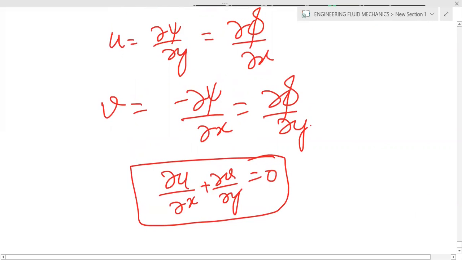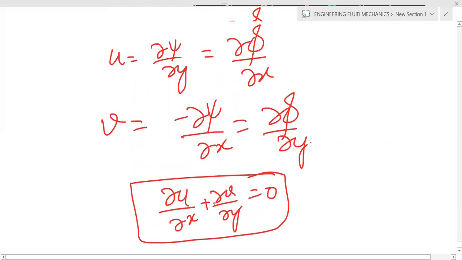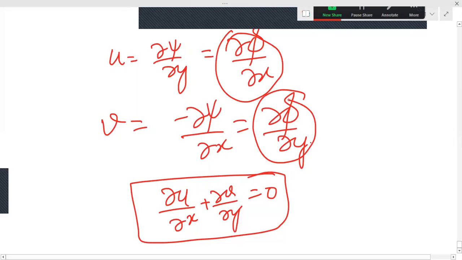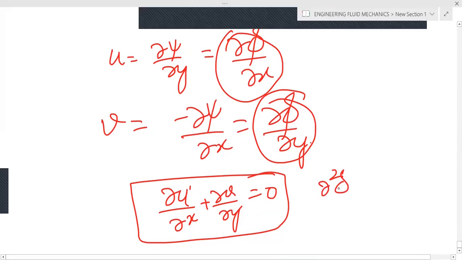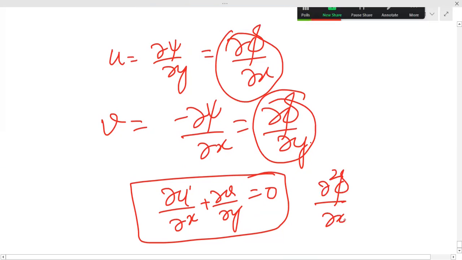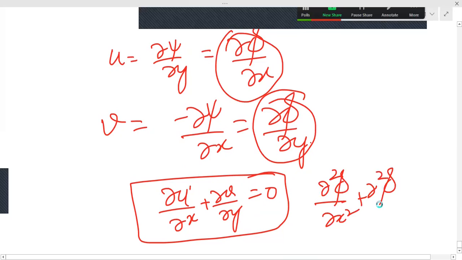So potential function also should actually satisfy this equation, because any kind of function which does not satisfy continuity equation is not valid. So when I put these values of u and v in this continuity equation, what do I get? ∂²φ/∂x² plus ∂²φ/∂y² is equal to 0.